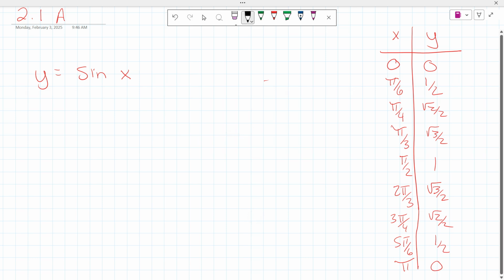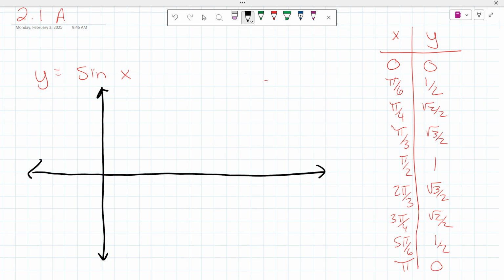So, if you look at a graph of this, the x-axis, if I say, well, since pi over 6 is divisible by 6, and pi over 4 is not divisible by 6, but they're both divisible by 12, if I go 1, 2, 3, 4, 5, 6, 7, 8, 9, 10, 11, 12 spaces if I'm at pi, pi over 6 would be 2 spaces over. 2/12 is 1/6.